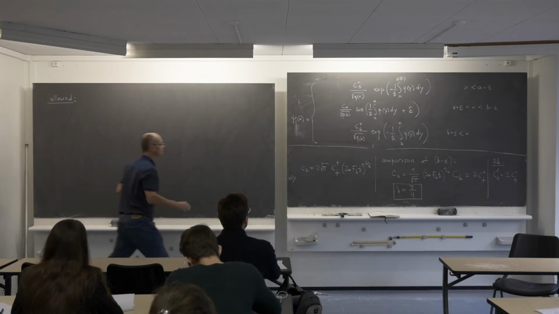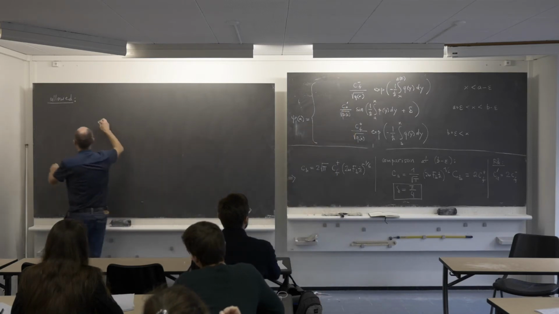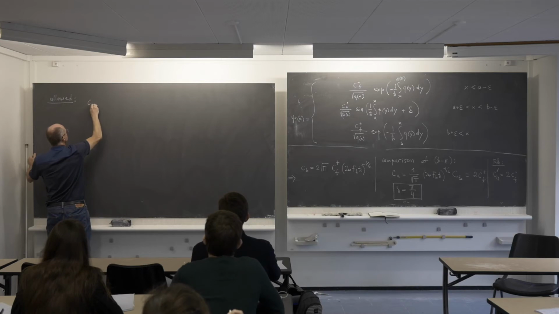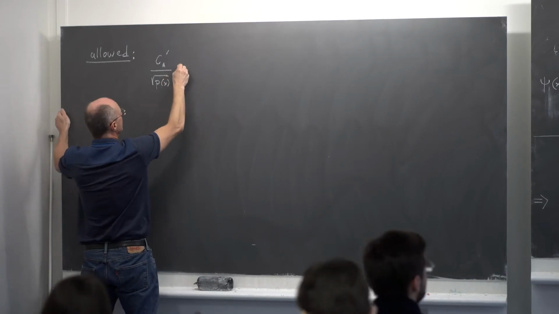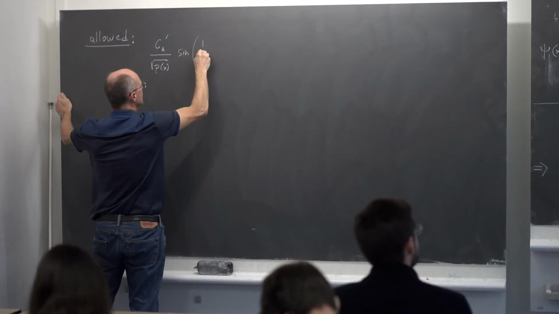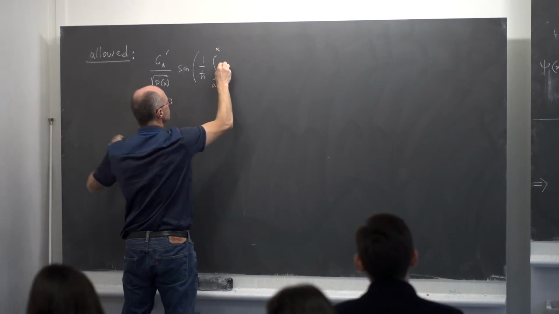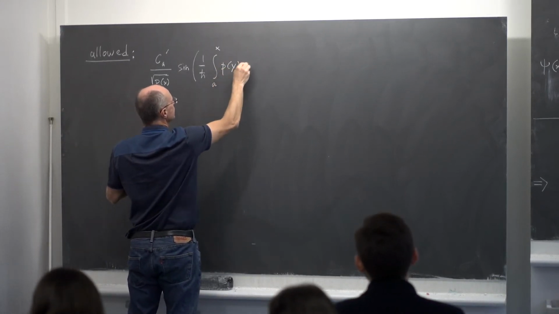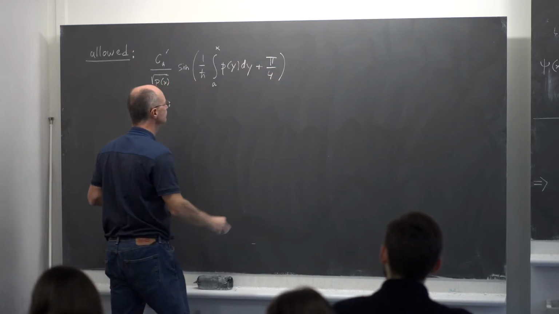So actually, let me put here prime. One of them is the one that I wrote: sine of 1 over h integral from a to x of p of y dy, now we know, plus pi over 4.